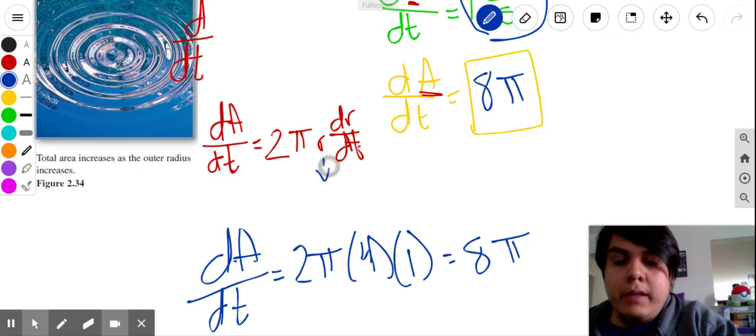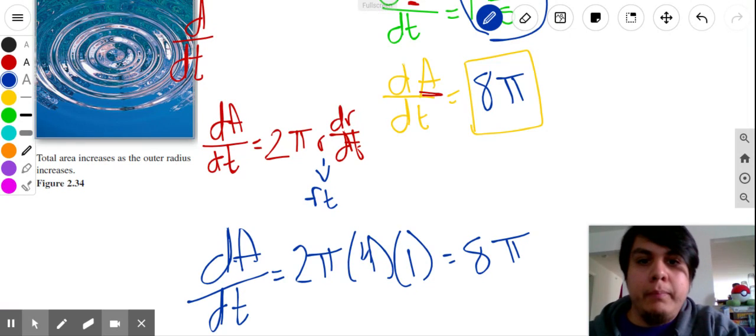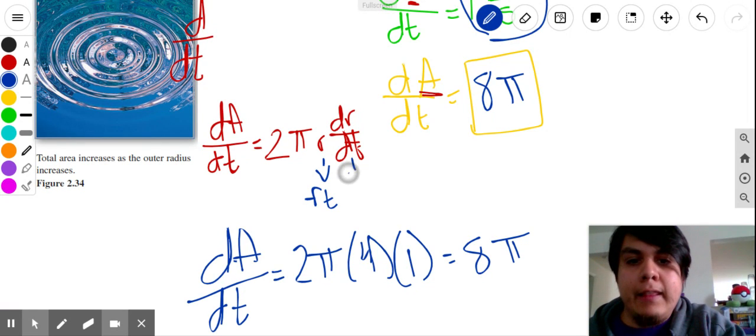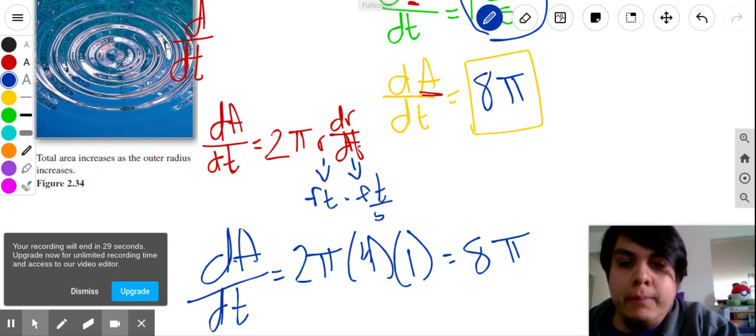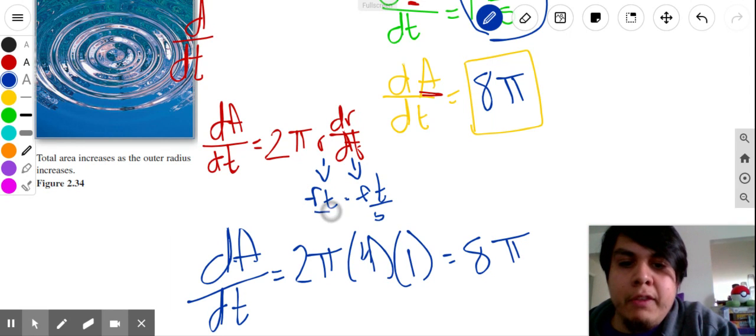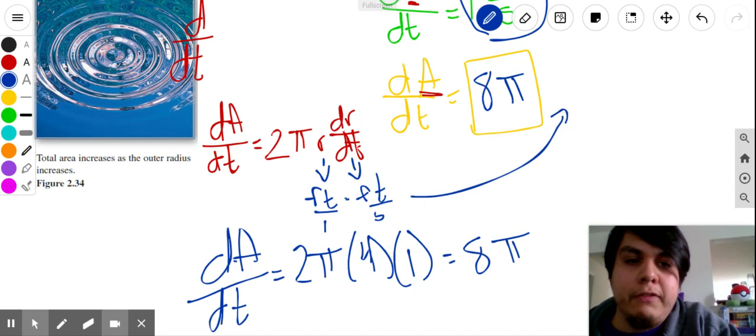So this unit is feet. That's according to the problem. And this dr/dt was feet per second. So we're multiplying feet by feet per second. If we put the feet over 1 and multiply these together, feet times feet will give me feet squared. 1 times second gives me second.